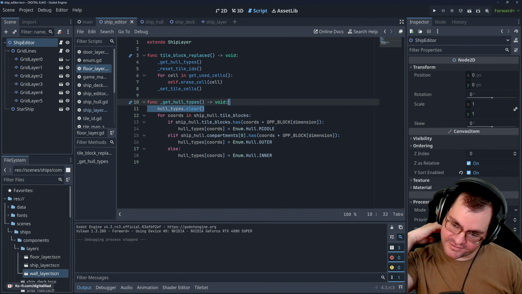We're only looking at our adjacent faces. We need to see what... Aha, okay. So we're going to say match block type. We'll do it like this for now, just so I can get the logic, and then we'll break it up.